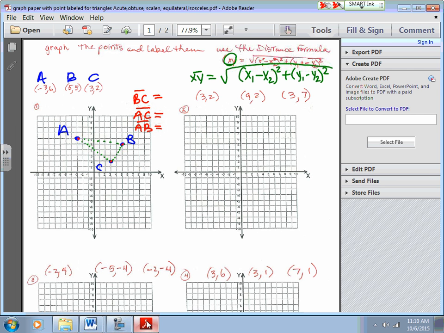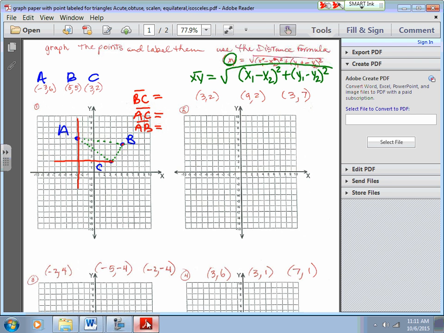Now, if you use this distance formula, you guys see, first of all, just writing it takes a lot of space, doesn't it? And you're going to have to do that for all three of the sides. Well, let's try this. If you notice, none of the sides are on a vertical line, and none of them are on a horizontal line.